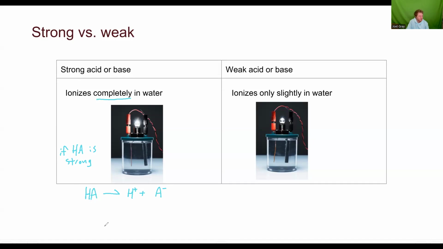So my question for you, and I want you to add to the chat: if HA is a strong acid, let's say we have 100 molecules of HA that will completely ionize, how many H will we have? And how many A minus will we have? We're starting out with 100 HA.